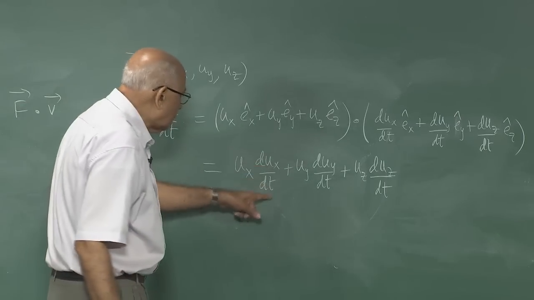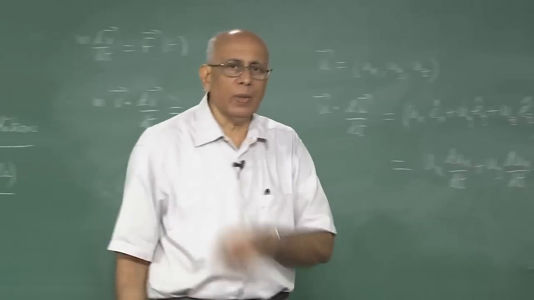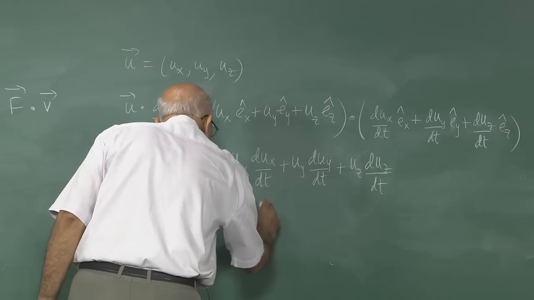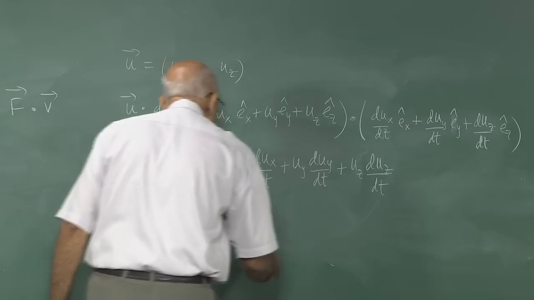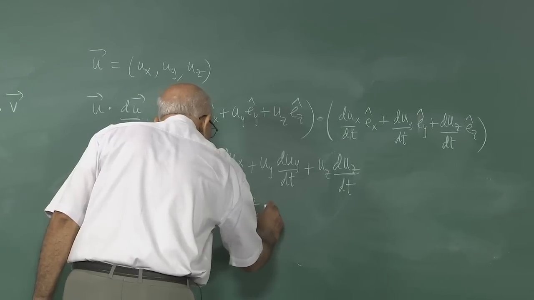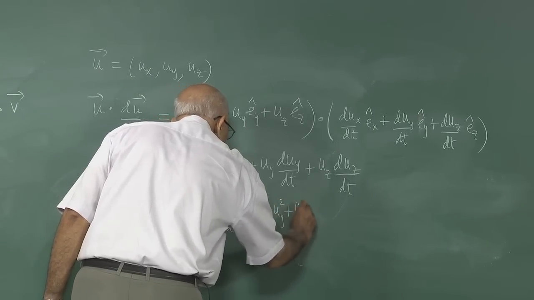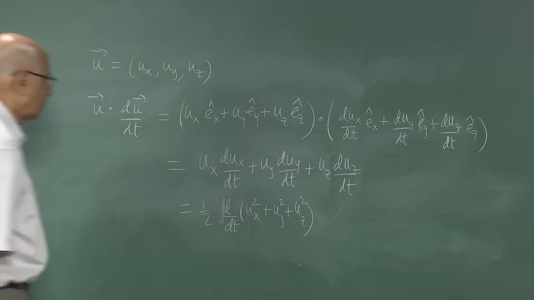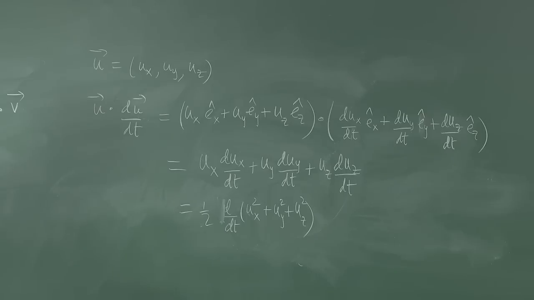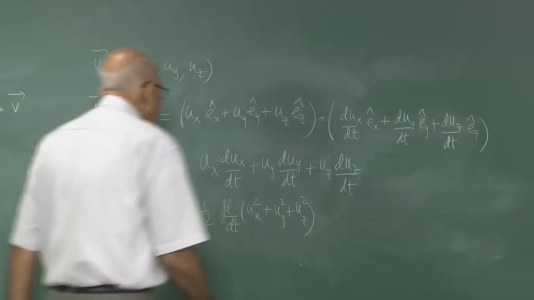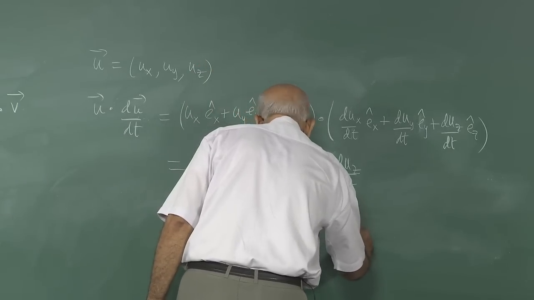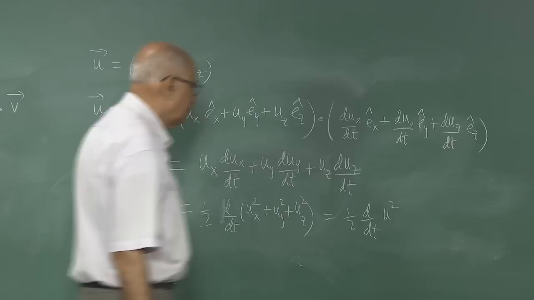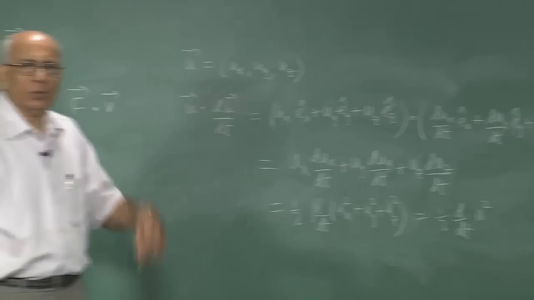But ux dux over dt is half of d over dt of ux squared. So you can write this as 1/2 of d over dt of ux squared plus uy squared plus uz squared. But ux squared plus uy squared plus uz squared is u squared, where u squared is the square of the magnitude of this vector.